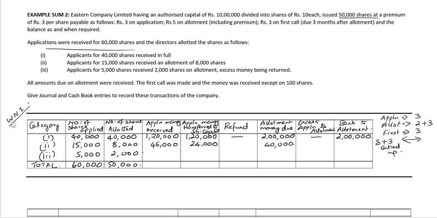Excess application that can be transferred to allotment is application money received 45,000 minus the amount transferred to share capital 24,000, so the difference is 21,000 rupees. And therefore the bank to allotment figure is 40,000 rupees minus 21,000 rupees, which is 19,000 rupees.